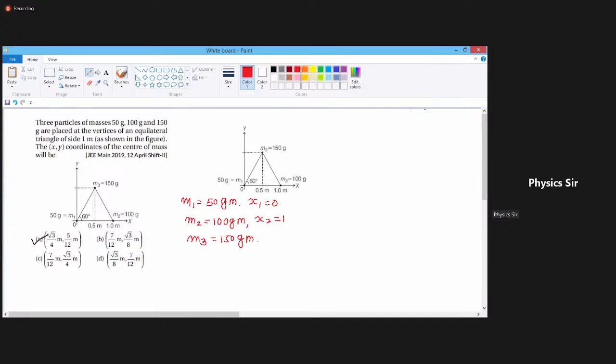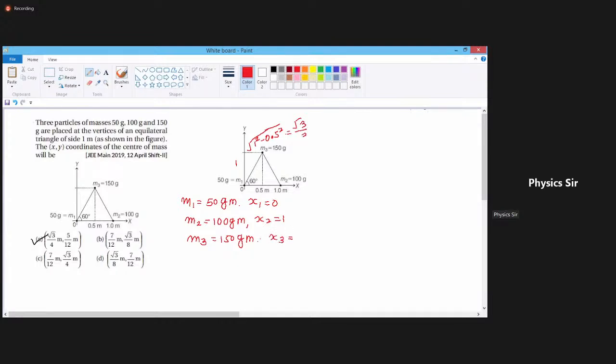If I have to find this coordinate with respect to the origin, this is 0.5, and this height is 1. So if you apply the Pythagoras theorem, this will be the square root of 1 square minus 0.5 square, which is the square root of 3 by 2.